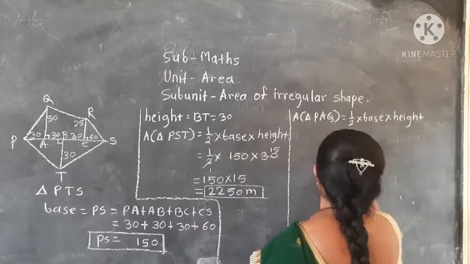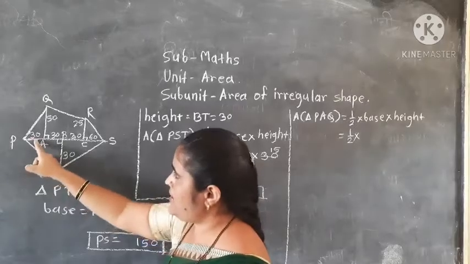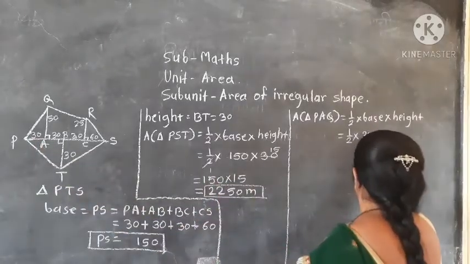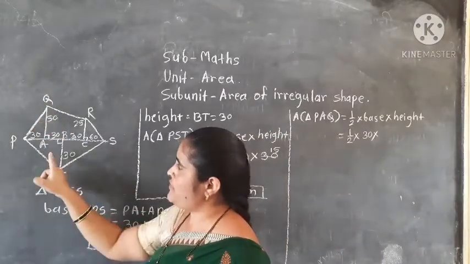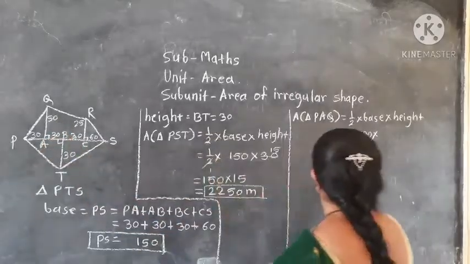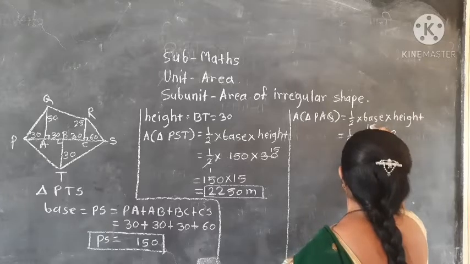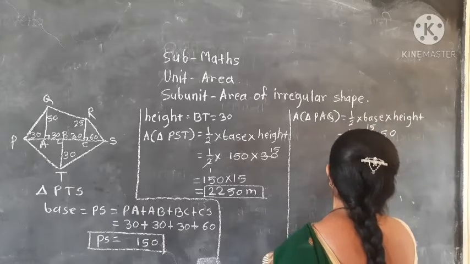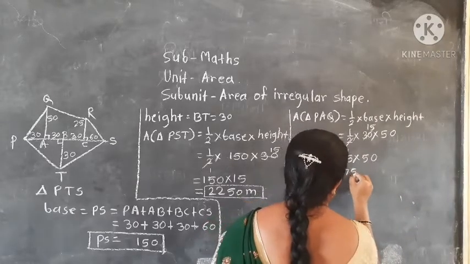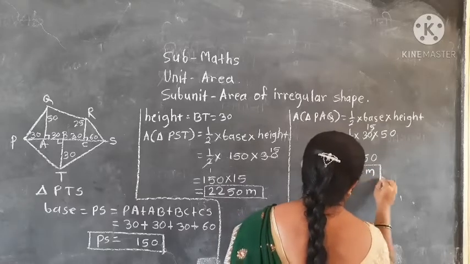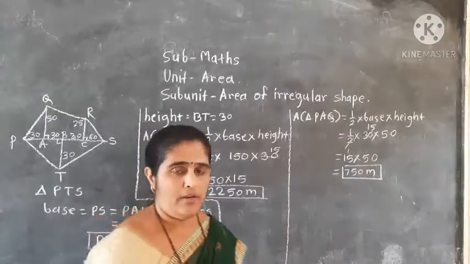Let's add the values. 1/2, base is PA. The value of PA is 30 meter and the height of this triangle is QA, and the value of QA is 50 meter. Let's divide 30 by 2. Answer is 15. Add the remaining value, 15 into 50. Area of triangle PAQ is 750 meter.